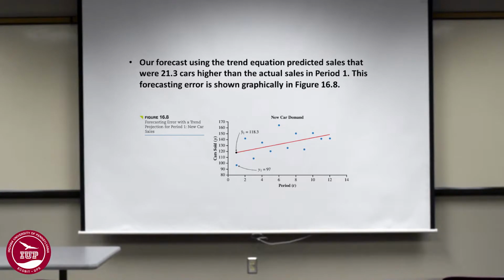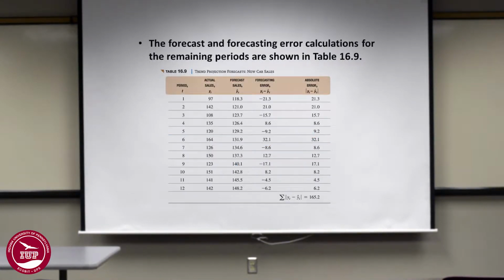Our forecast using the trend equation predicted sales that were 21.3 cars higher than the actual sales in period 1. This forecasting error is shown graphically in figure 16.8. The forecast and forecasting error calculations for the remaining periods are shown in table 16.9.